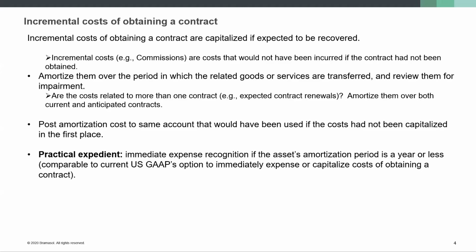Now, why is that important? That's important because if you think about it, in my example, you actually don't follow GAAP, because GAAP requires you to recognize your cost and your expenses in line with the revenue you're recognizing over. So if I have a 12-month contract, it goes to show that I should be recognizing my expenses over that same 12 months. So what does this mean for companies?